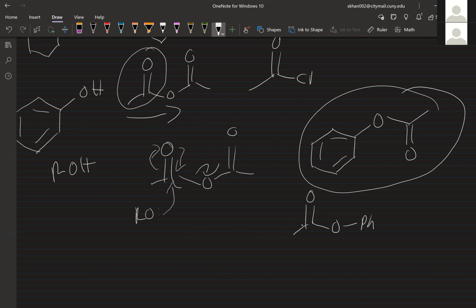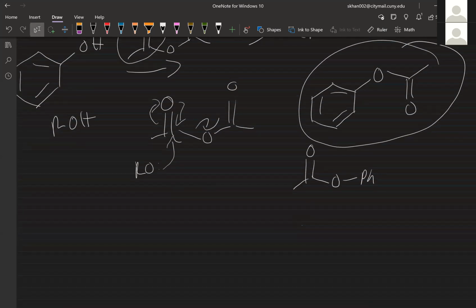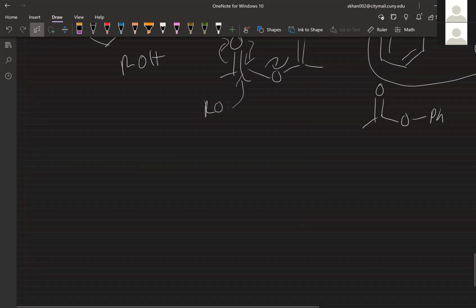So yeah, that's that. And it's the next one here. We have diphenylamine, and we have acetyl chloride. So here I'm going to abbreviate this as NPH.